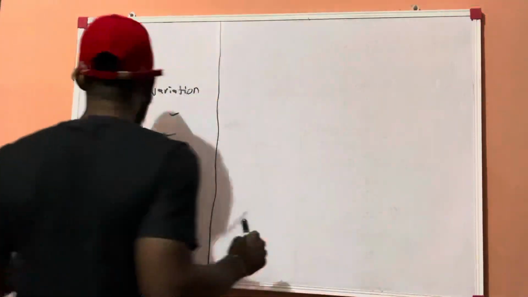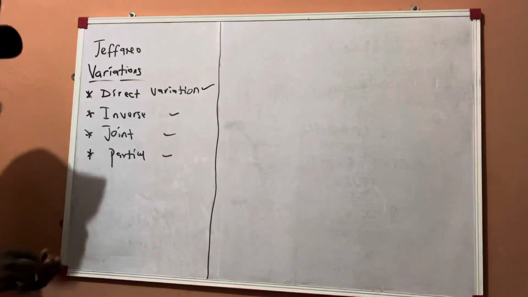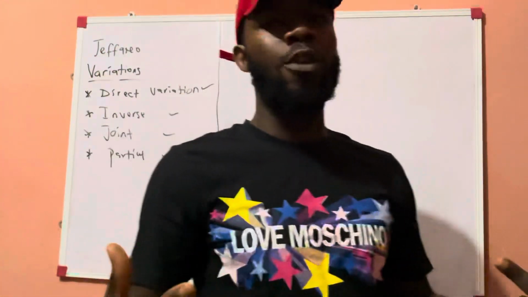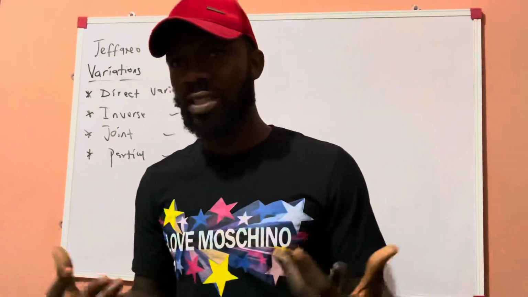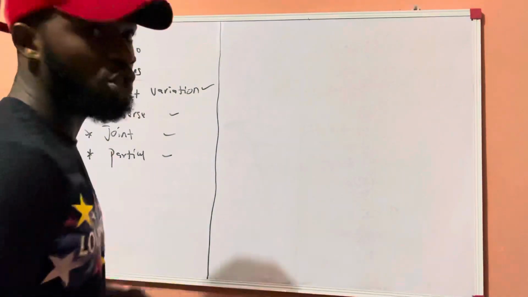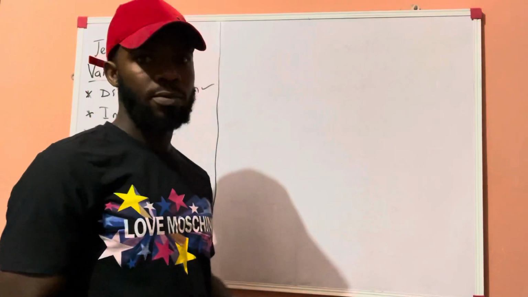Today we are going to be looking at the first type of variation, which is called direct variation. How can I explain direct variation in a better way for you to understand? Let's say a consumer goes to a market to get some pairs of shoes.